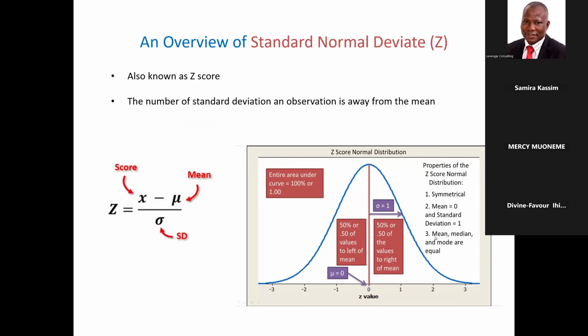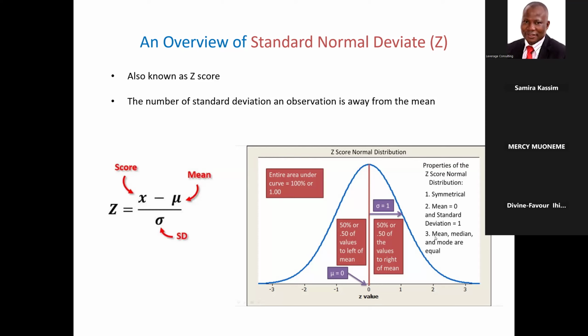So if you remember the standard normal distribution, we talk about the number of standard deviations of observations from the mean, which is the z-score. So you remember, instead of you stating the value of each person, you state in terms of how many standard deviations away.